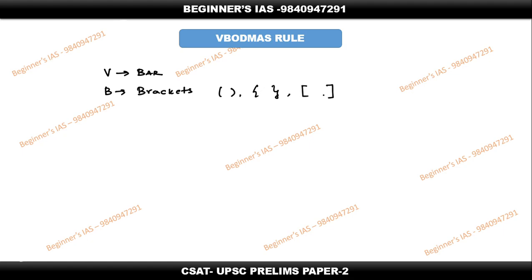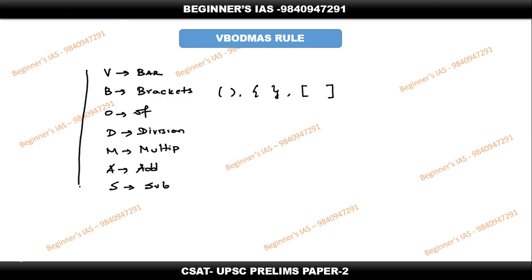In this way only you have to give preference while solving any problems in terms of simplification. Now O is for of, then D for division, M for multiplication, A for addition, and S for subtraction. Always give preference in this way to simplify any given problem.